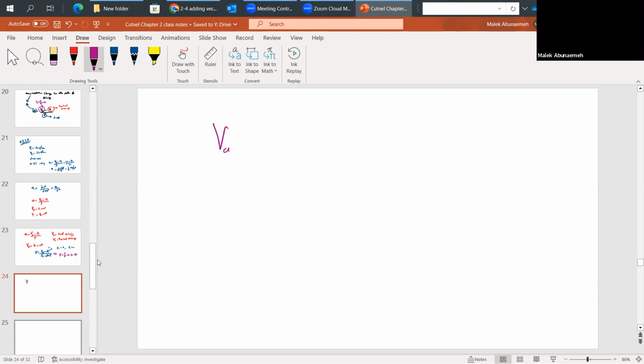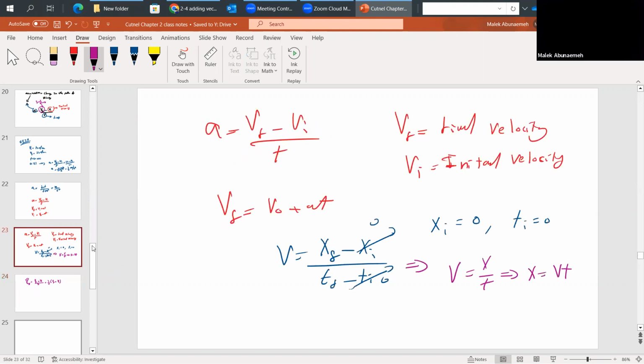Now, your average velocity is going to equal whatever final speed plus whatever initial speed, divided by 2. You can rewrite that as 1/2 times V final plus V initial. And we define your x as V times T. Well, which V? When you go the distance, you don't go at the same velocity.